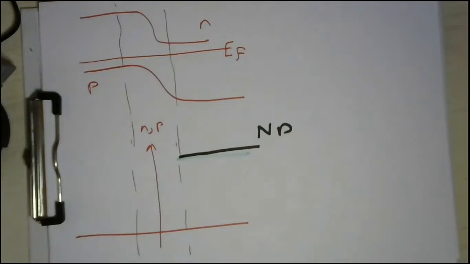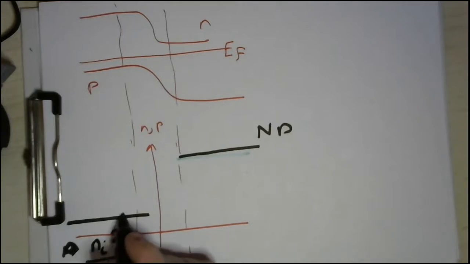And in this region, electrons are minority carriers, which is Ni squared over Na. And we connect them together in this manner.